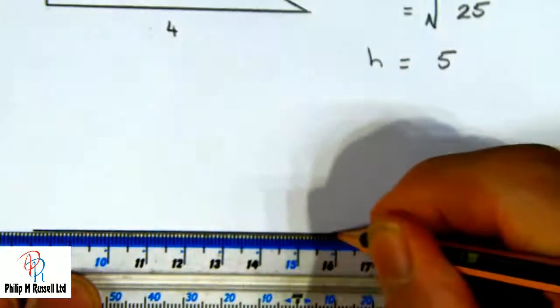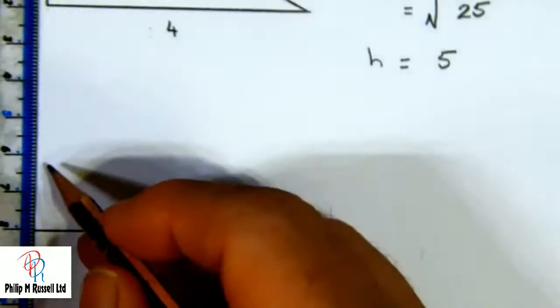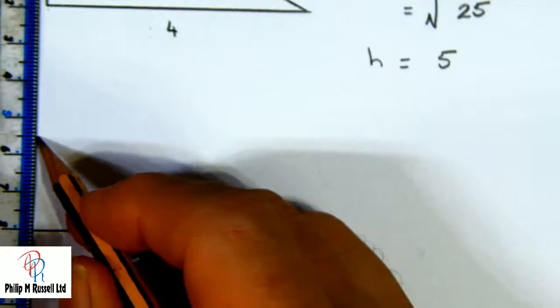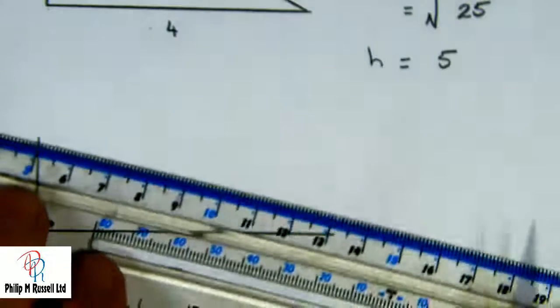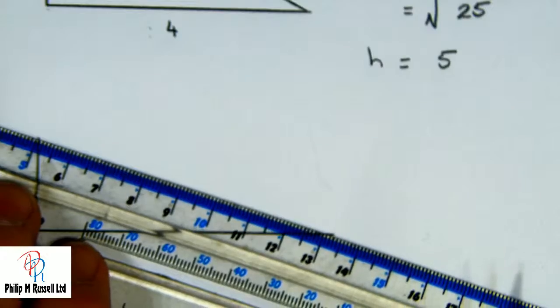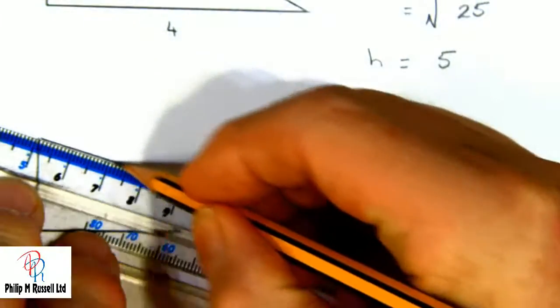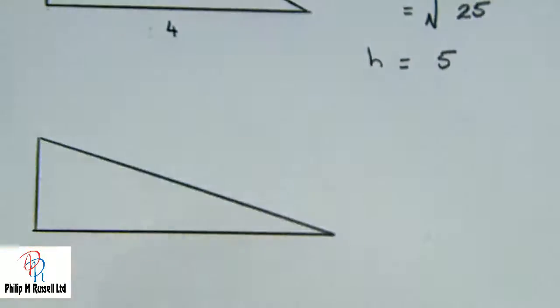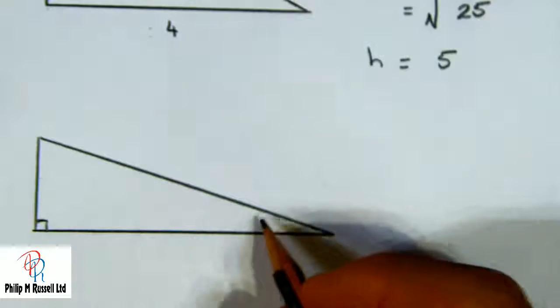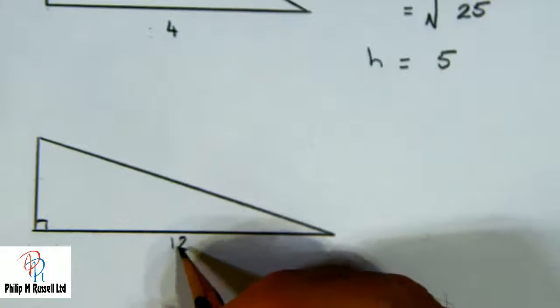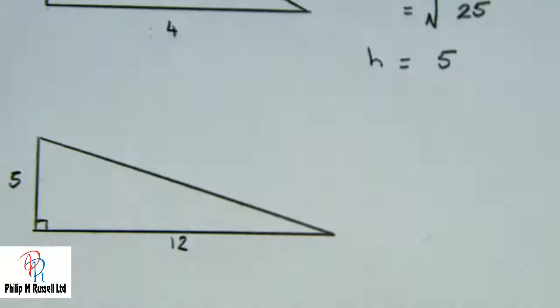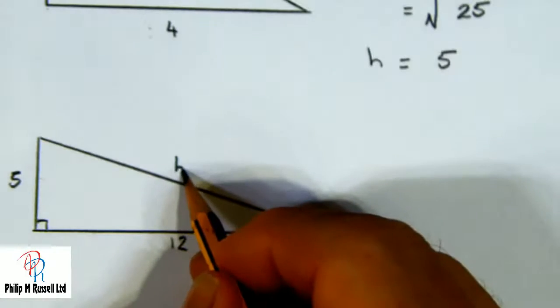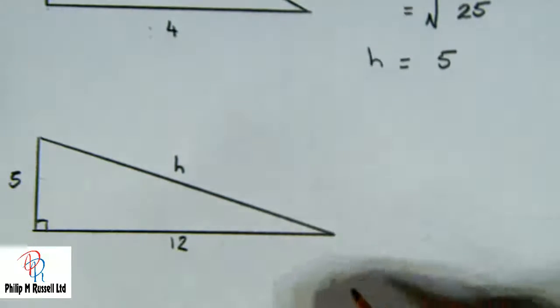Again, we've got a right-angled triangle, but it's a slightly different shaped triangle, much longer and thinner. And we'll put in our right angle, which I didn't do last time, and this side is 12 and this side is 5. So again, we're going to work out what the hypotenuse is.